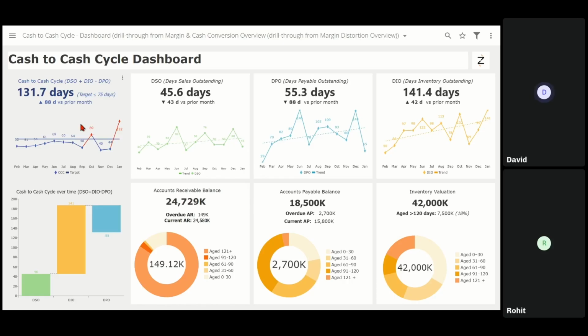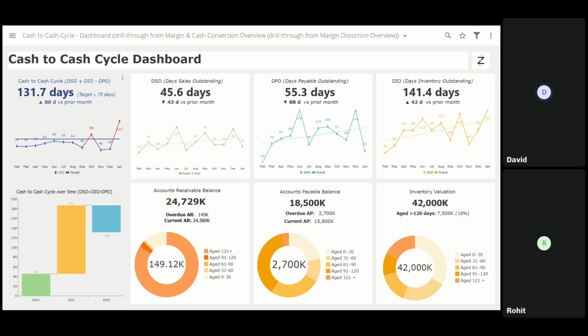Whenever a metric is above or below the target, in this case 75, we can create workflows that automatically send me a notification that allows me to understand the reasons behind my cash to cash cycle being above my target, right? So we see that the cash to cash cycle is high, as we discussed before.